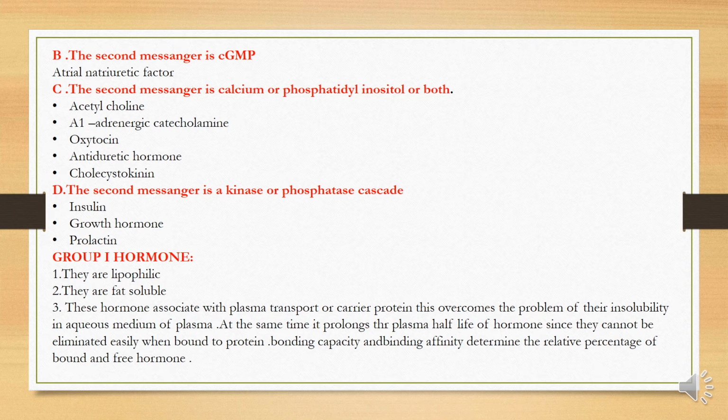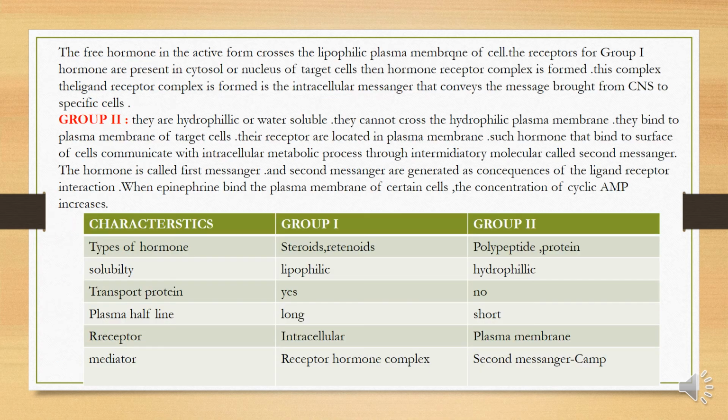Group 1 hormones are lipophilic, fat soluble, and these hormones associate with plasma transport and carrier proteins. This overcomes the problem of insolubility in the aqueous medium of plasma. At the same time, it prolongs the plasma half-life of hormones since they cannot be eliminated easily when bound to protein. Binding capacity and binding affinity determine the relative percentage of bound and free hormone.